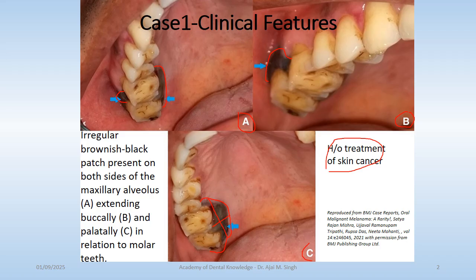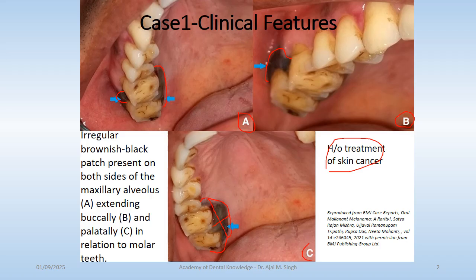In photograph B, you can see the brown black patch in the buccal mucosa associated with first molar and second molar. In photograph C, you can see the patch which is starting from the second premolar and going upward, making a circle and coming down up to the distal part of the second molar.